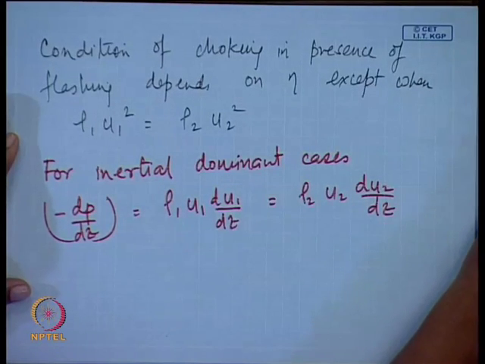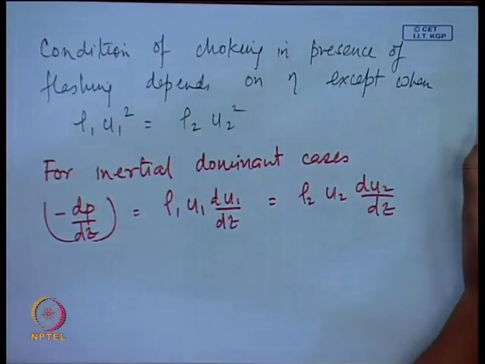Now, in this particular case, suppose we start from a stationary tank. What is the initial velocity then? The initial velocity of fluid 1 and fluid 2 is 0, is it not? Under such circumstances, if we assume that rho 1 and rho 2 more or less remain constant, we find there is a particular relationship between the final velocities of the two fluids.